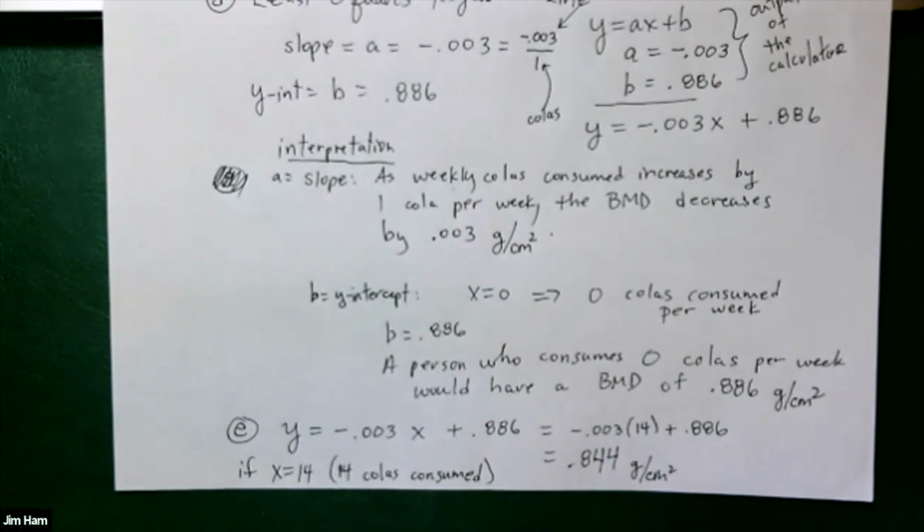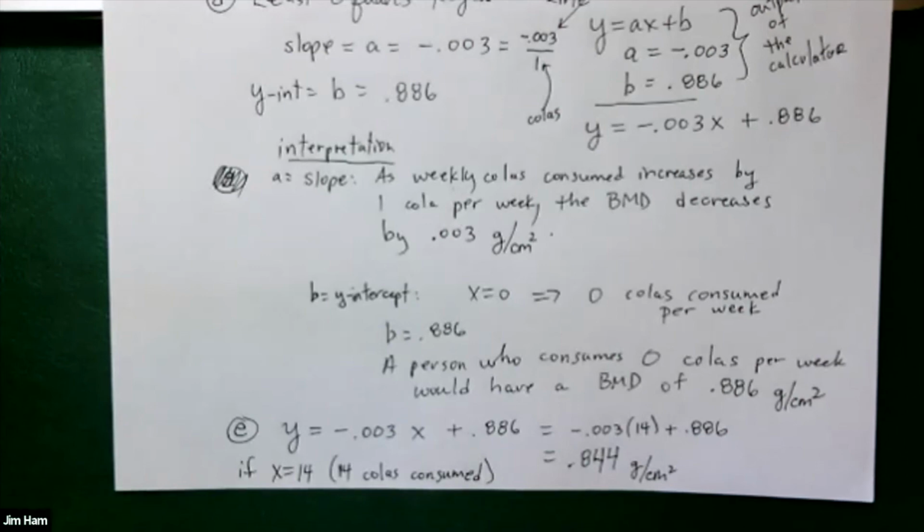And the reason for that is that there's lots of things that could determine bone strength. It's more than just the diet, the colas consumed. It's the other things in the diet. If someone who works out regularly, they might have stronger bones than someone who doesn't. And genetics plays a role as well. So there's lots of these variables that would alter somebody's bone mineral density. It's not just cola.